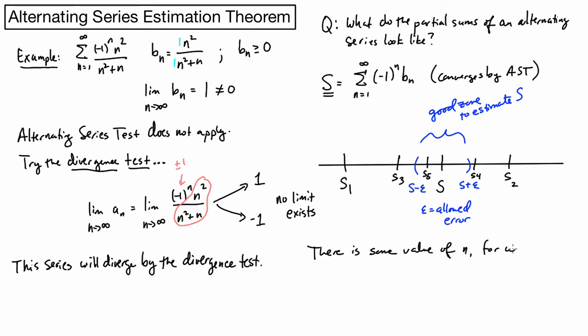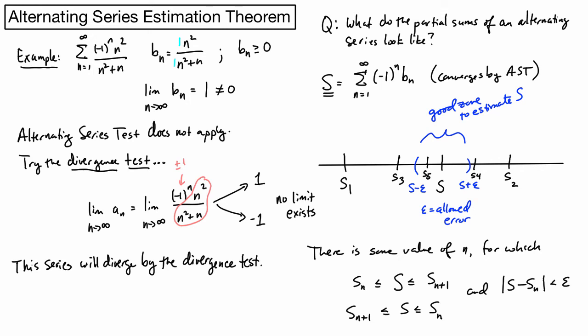for which the sum is in between these consecutive partial sums, and the difference between the sum and the partial sum is less than this value epsilon that I'm interested in.